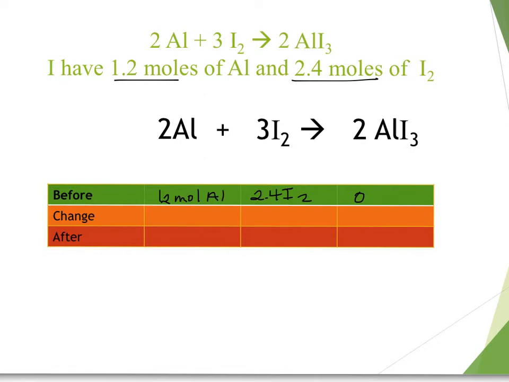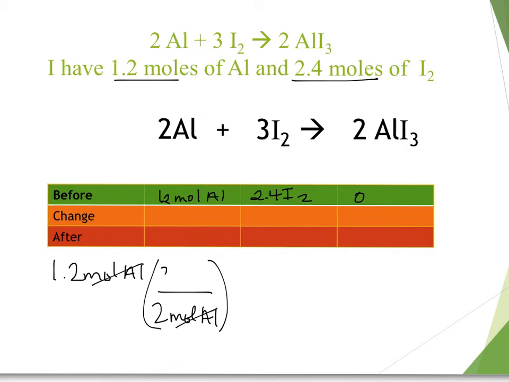We have 1.2 moles of aluminum, okay, which has a ratio of 2 moles of aluminum, so that I can cancel aluminum out, to 3 moles of iodine. Okay, so I'd take 1.2, multiply it by 3, and then divide by 2. Okay, which would mean that I would need 1.8 moles of iodine.